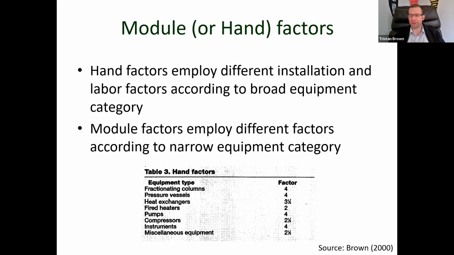If you have fired heaters, that's a different factor. And so you go through, right, every different type of equipment you have, and then you calculate out basically what that total project investment for that particular type of equipment is, and then you sum it all together, you get the full total project investment for the site. So more complex, more time intensive, but ultimately we tend to move more in this direction as a result.